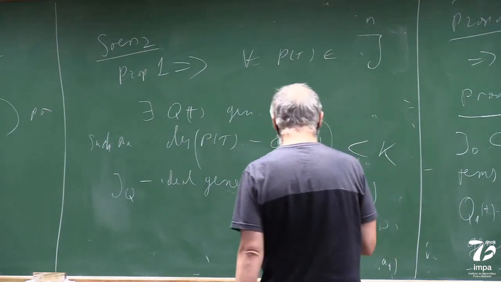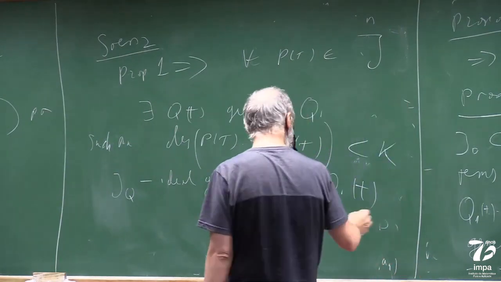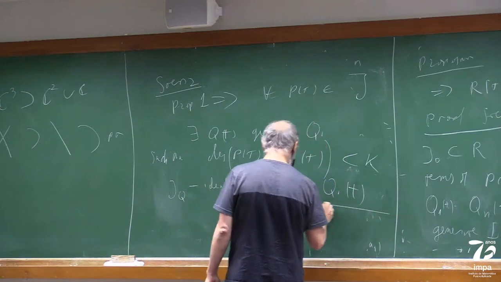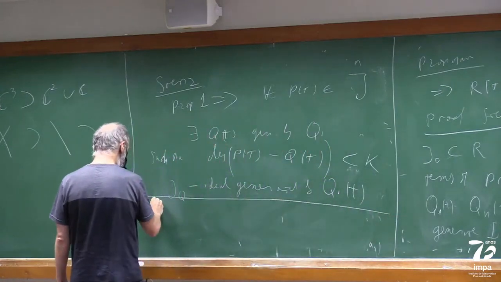So this implies the existence of the following surjective map.